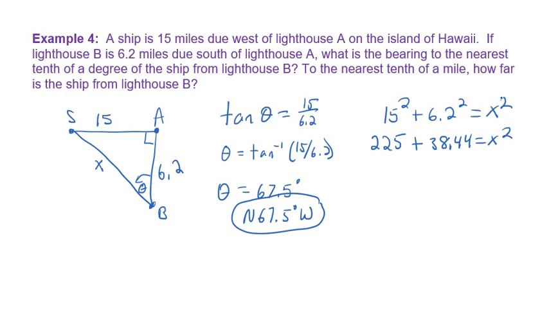And when you add those together, you're going to get 263.44. And then you'll just take the square root of that. And so square rooting both sides gives me x to be 16.23. And they wanted tenth of a mile, so I probably shouldn't have put the 3, just the 2 miles. And so that answers both questions there.